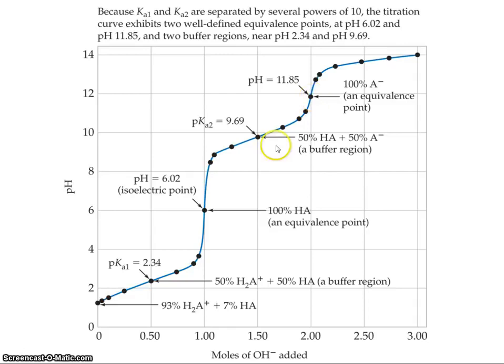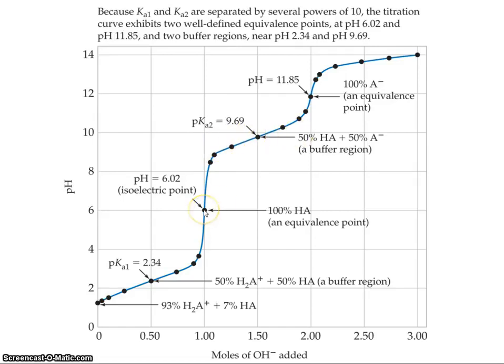Now my second equivalence point, and notice that this has moles added instead of volume. I'm still going to have pH equals pKa1 halfway to the first equivalence point, but then I'm going to have pH equals pKa2 at halfway to the second equivalence point.